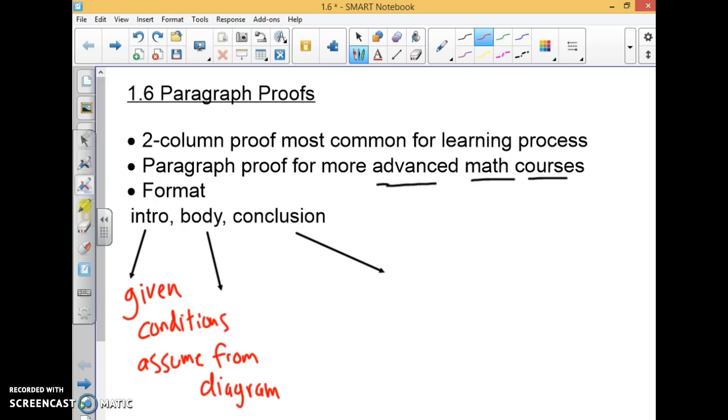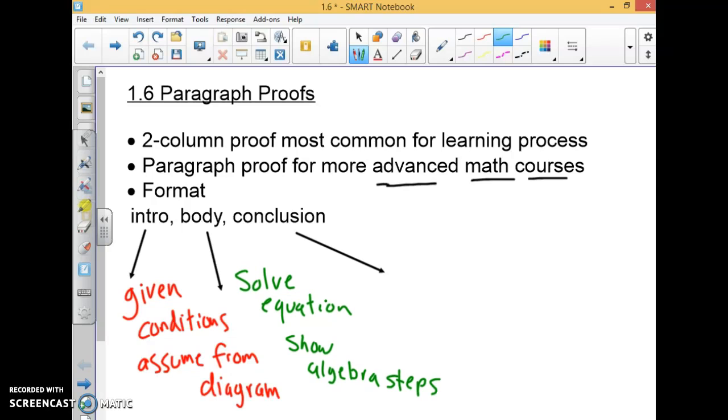In the body is where you get into the meat of the proof. In the body, you might solve equations to help with your proof. You might show your algebra steps. And you might use counterexamples, which we're going to talk about today.